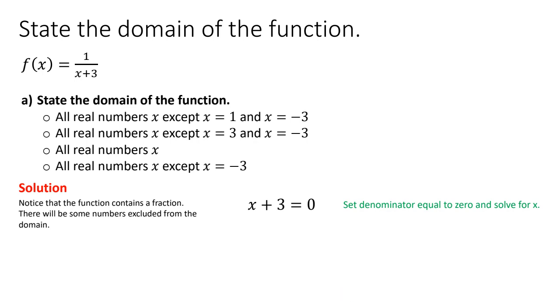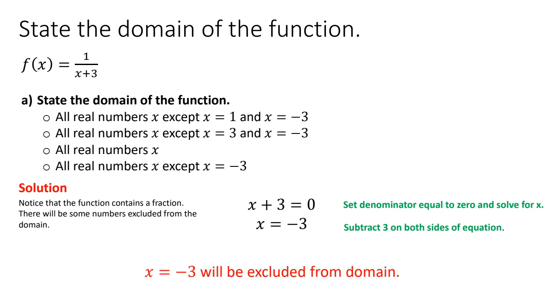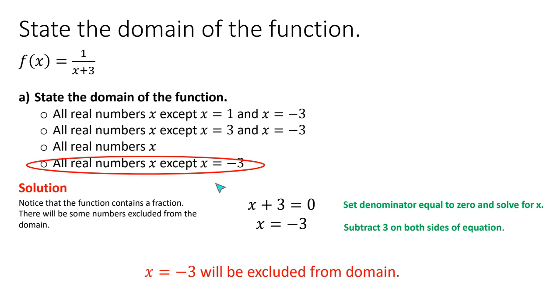If I subtract 3 on both sides, then I get x equals -3. We cannot use this number in our function, because if we put -3 in our denominator, we end up with a 0 and we can't divide by 0. So our domain is going to be everything except for -3, and that's going to be the last option here.